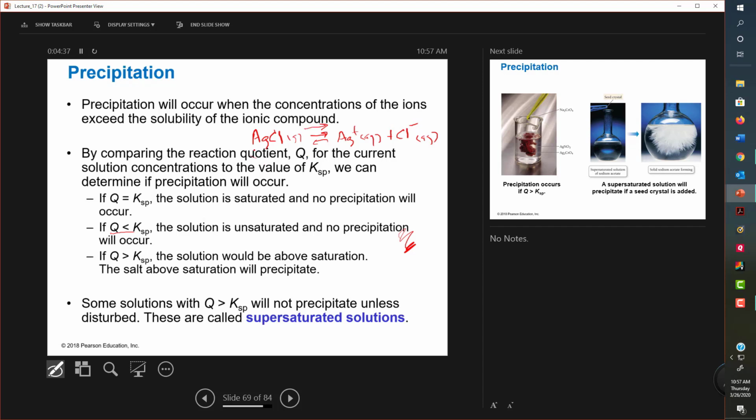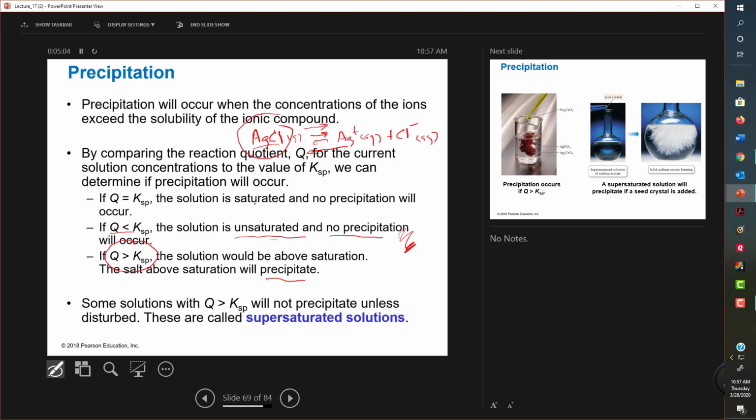And so this solid will dissolve, and so we have an unsaturated solution and no precipitation will occur. If Q is greater than the equilibrium constant, called the solubility product constant here, then the reaction is going to go in reverse in order to get Q up to KSP, and that means more solid is going to form, so you will see a precipitate.